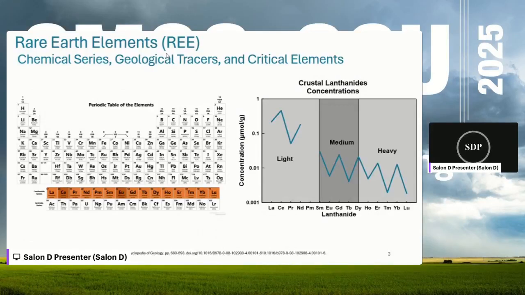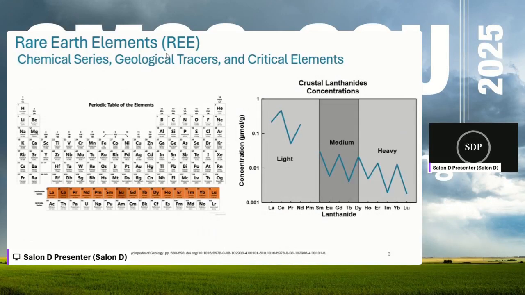They all have the same redox state. All of them can be found in the trivalent redox state, but cerium can be oxidized in highly oxidizing conditions, and europium can be reduced, to cerium-4 and europium-2 respectively. They can exist in other redox states, but not in the environment, just to be clear.